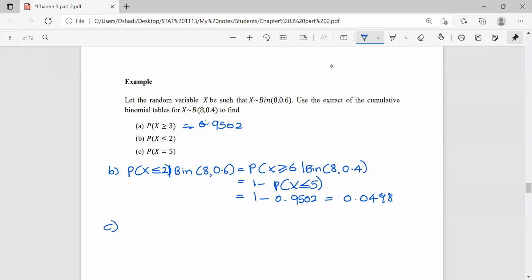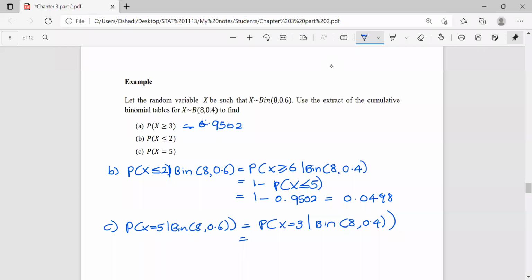Then part C, probability x equals 5. So this is for binomial 8, 0.6. So we can write it as probability x equals 3, binomial 8, 0.4. Right?